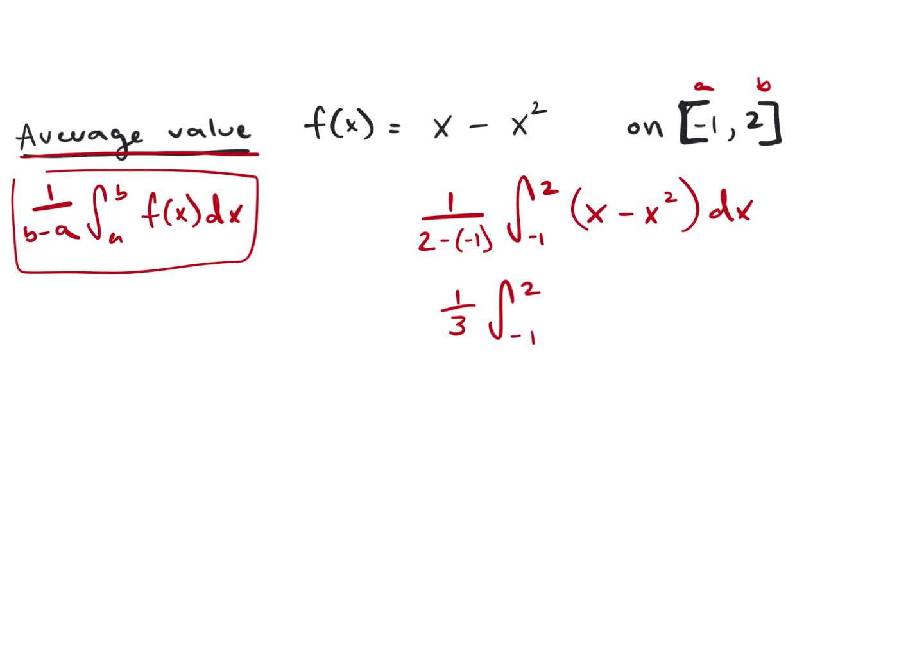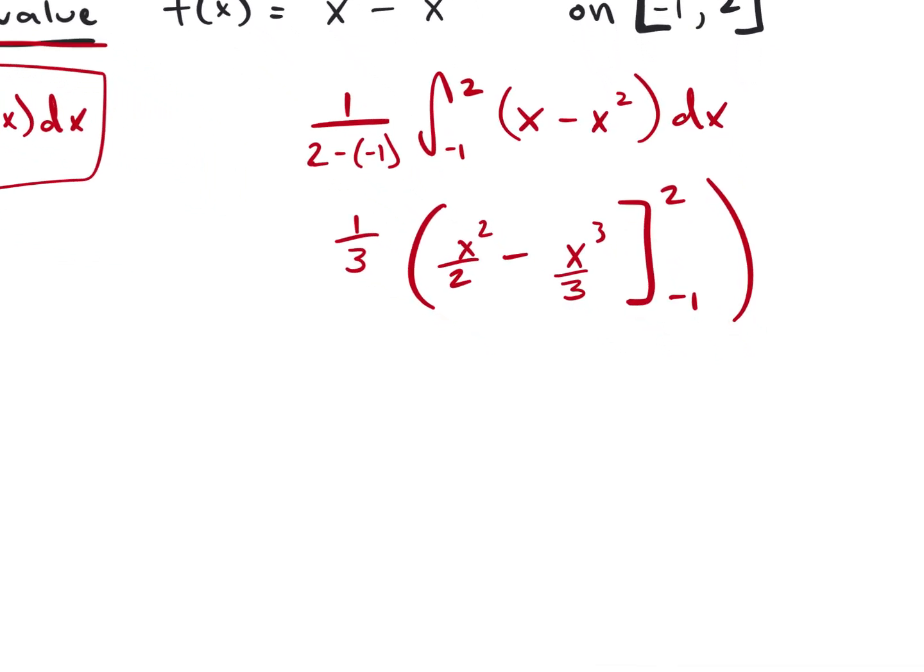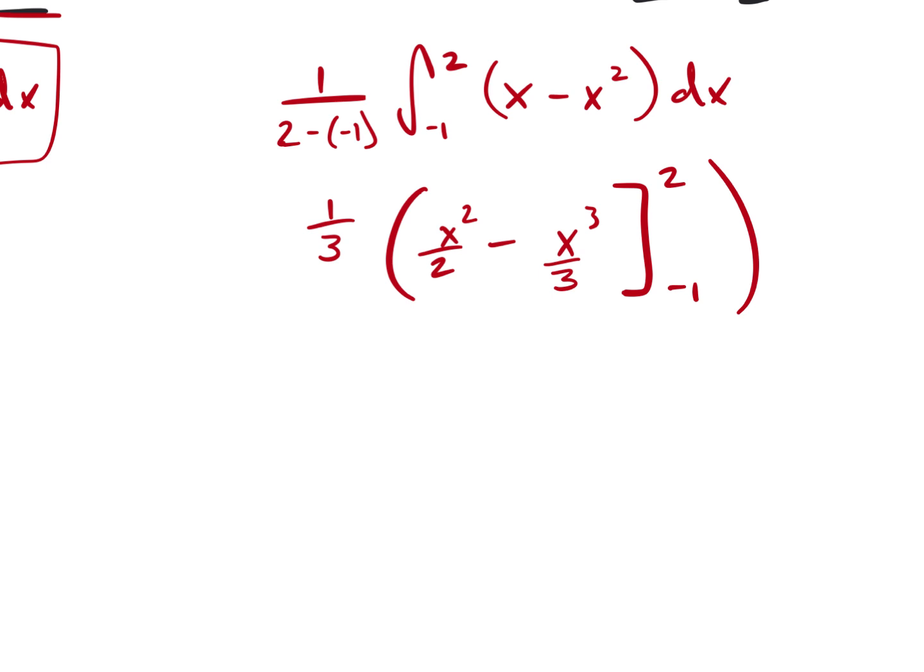We can take our antiderivative now, so we can evaluate our integral. This would be x squared divided by 2, minus x cubed divided by 3, from -1 to 2. So we're going to evaluate our integral and then just multiply it by the 1/3 at the end.